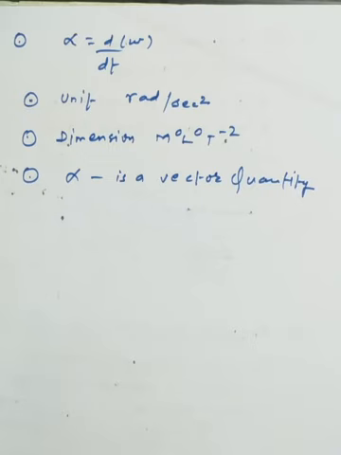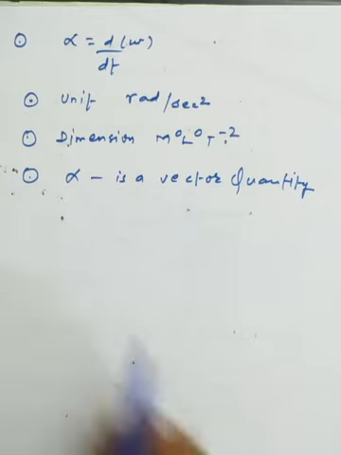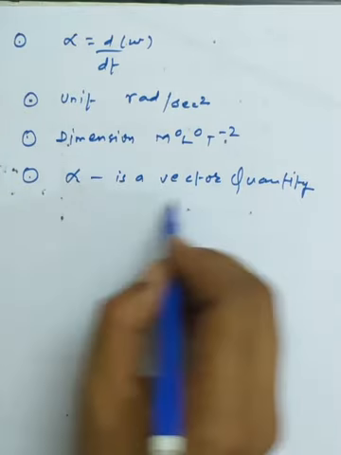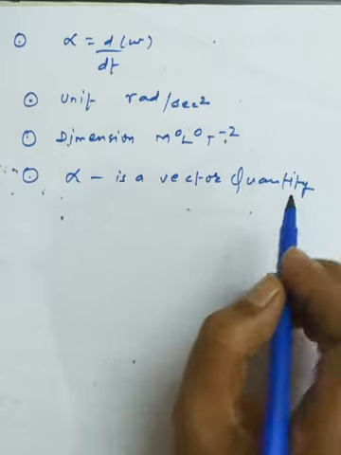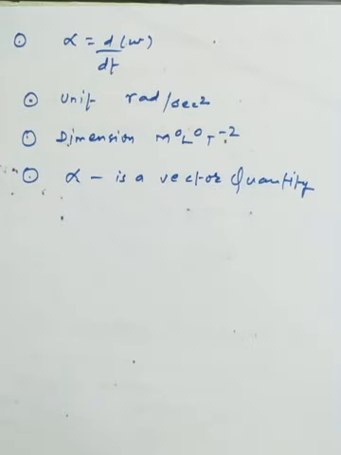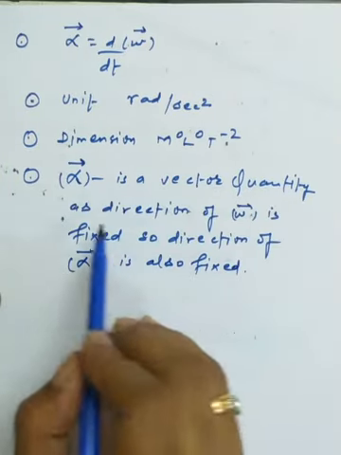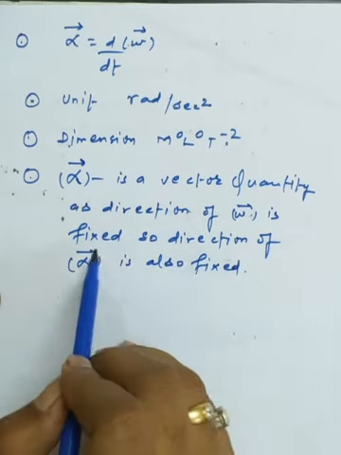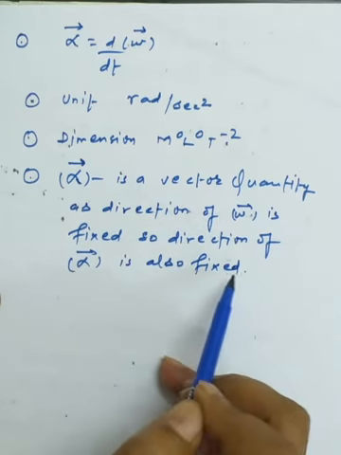So here we can assume that the acceleration, that is called alpha, will also act along the same direction as the omega. Okay, so it is a vector quantity. So here I am writing that as the direction of the omega is fixed, the direction of the alpha is also fixed.